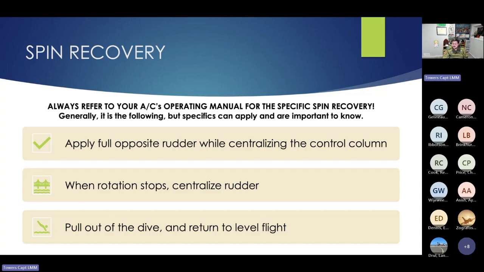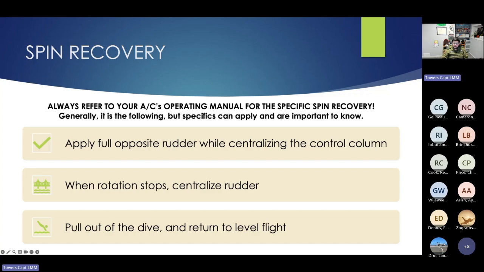The 233, the glider that we fly, can potentially recover in as little as a few hundred feet, but the tow aircraft might require several thousand feet in order for the pilot to regain control. So if you're ever going to be practicing any spins or spiral dives or stalls, you should always make sure that you have as much altitude as possible prior to starting those exercises, because it can turn from an exercise into a real life emergency quickly if you're not paying attention.